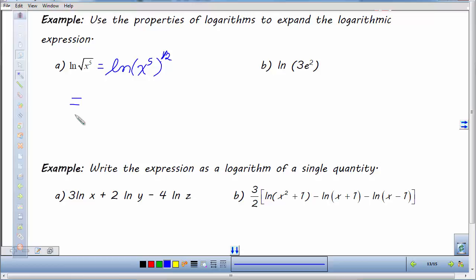We multiply the exponents, so we could say natural log of x to the 5/2, right? And then, according to that property we saw, this becomes 5/2 times the natural log of x.